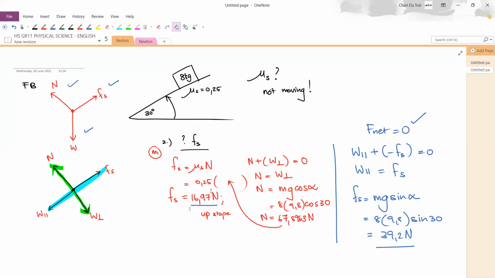I know what the problem is here. That value that I guessed, that is the problem. Okay, that's the coefficient times 67.8963.